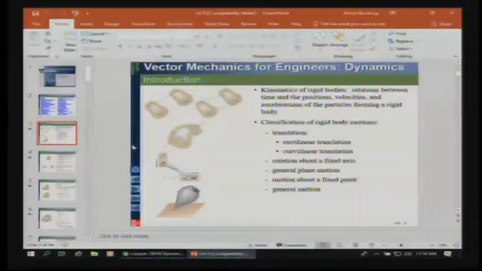So on this first slide, we talk about what we are describing, and one of the things that I love about the kinematics of rigid bodies in this textbook is that they draw the general rigid body to look sort of like a blob or a potato, and I can actually do that drawing. So this is a big deal for me. But when we talked about particles, we could only really talk about a translation.